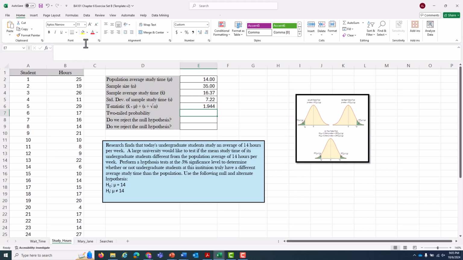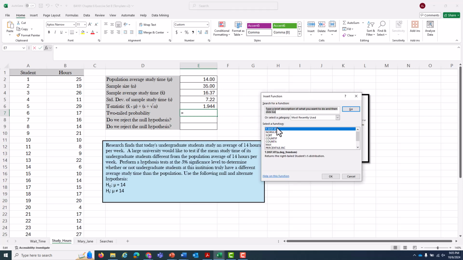So when you're figuring out your probability over here, you want to use your t-distribution function for a two-tailed test. So I'm going to type in t.dist for my t-distribution. I'm going to hit go, and of the options that I have, we know we want a two-tailed test because our alternate hypothesis is not equal to. And I'm going to hit OK.